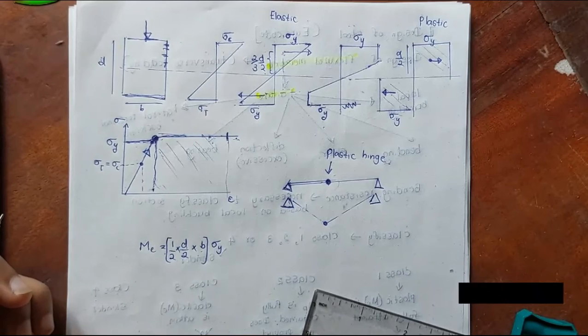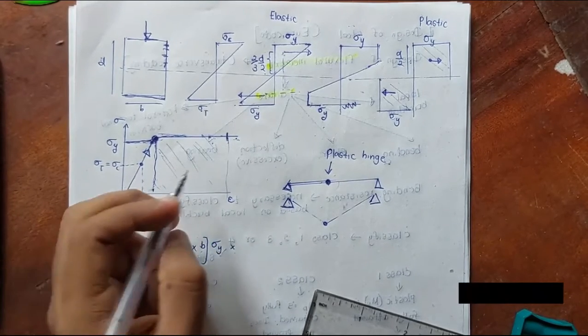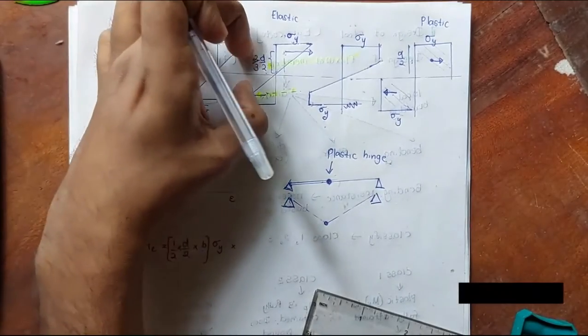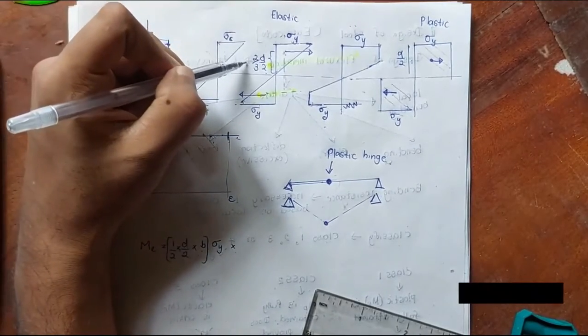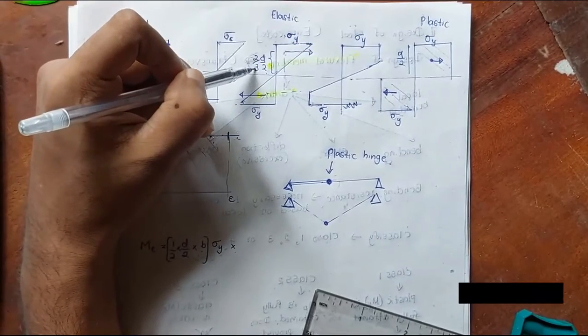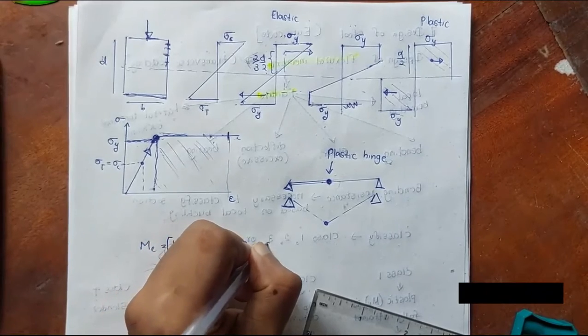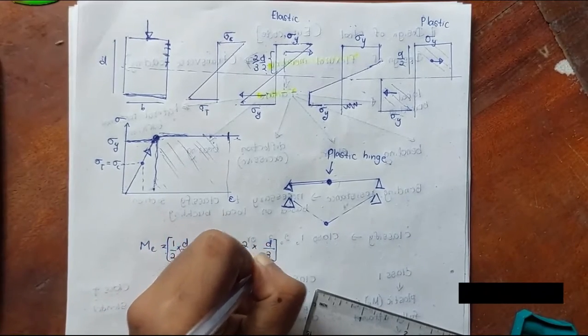This will give you the force, and then you multiply it by the lever arm between these two, which is 2 times d over 3.